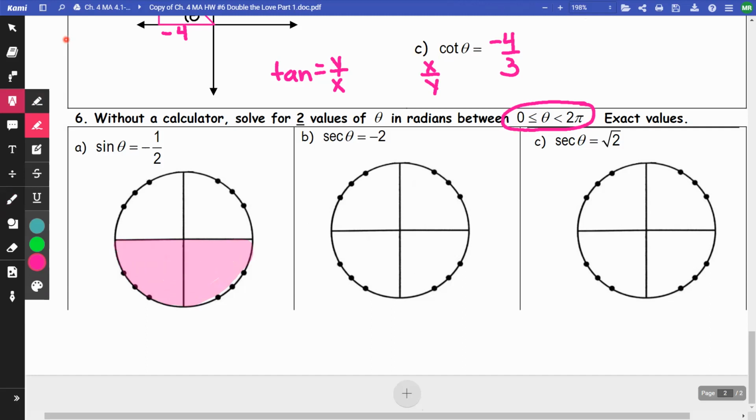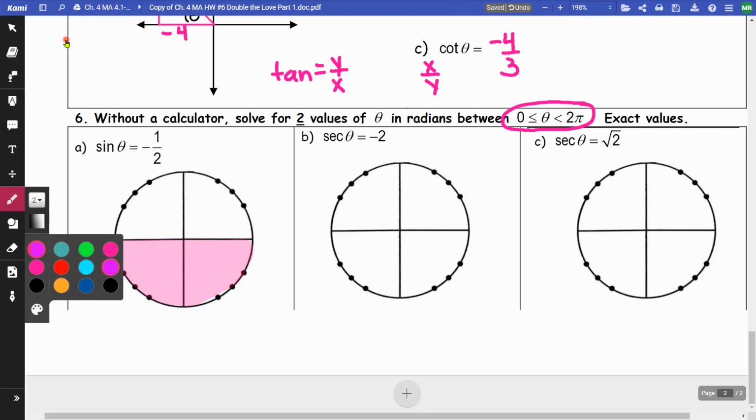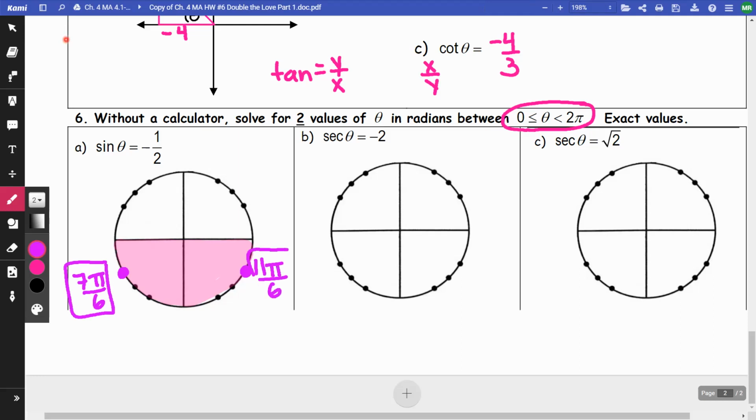And I am looking for where my sine is a negative 1/2. And that is going to be here and here. In terms of radians, this is going to be 7 pi 6 and 11 pi 6.